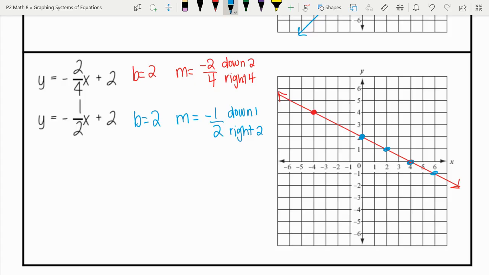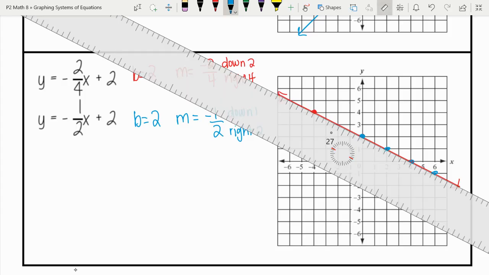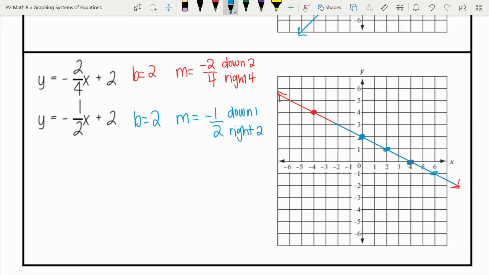And so notice how every point that I just graphed lands on that same line. And so remember, both of these lines go on forever and ever. So that blue line intersects that red line at every single point. Infinitely many points.